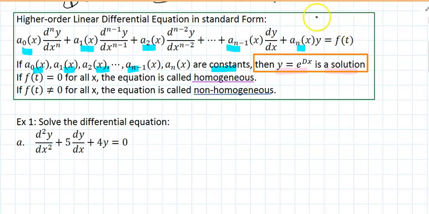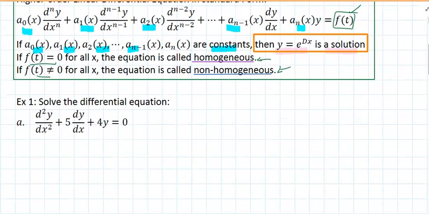If this function right here is 0, then we say this is a homogeneous differential equation. If this doesn't equal 0, we say this is non-homogeneous. In 12.1, we're going to deal with homogeneous differential equations.